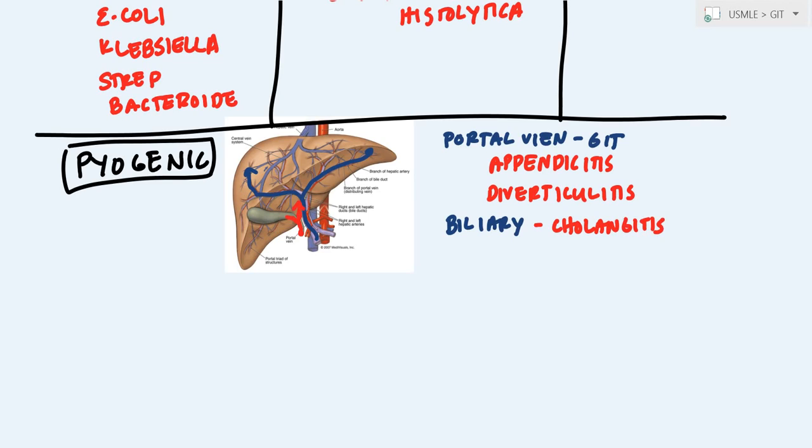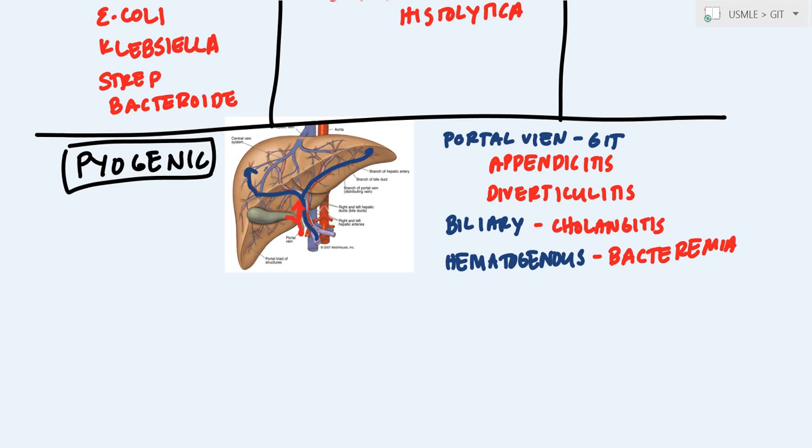And finally, you can have it through hematogenous spread. And this is going to be anytime there's bacteremia or anything along those lines.